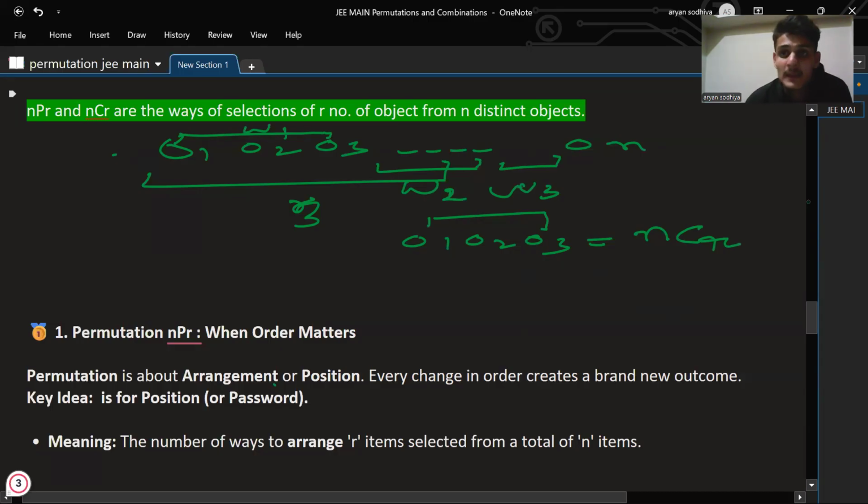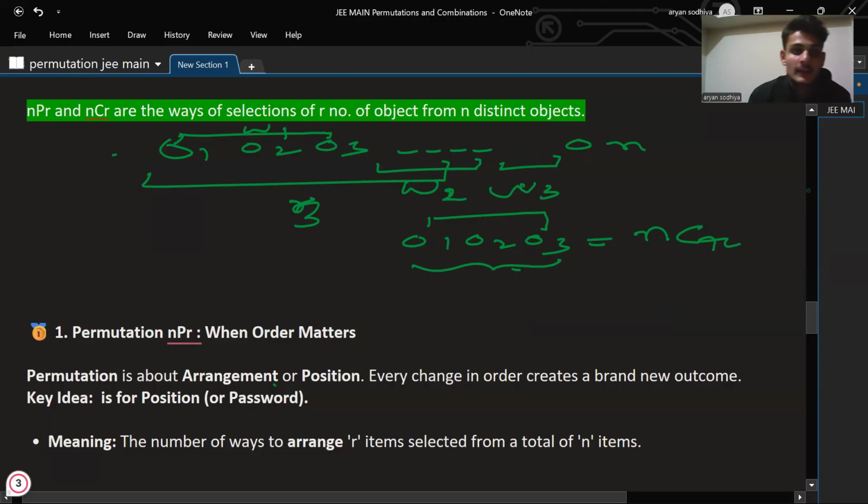And what is nPr? What is nPr, sir? You will ask me that. There is a very slight difference. Here in nPr, order matters, not only grouping.